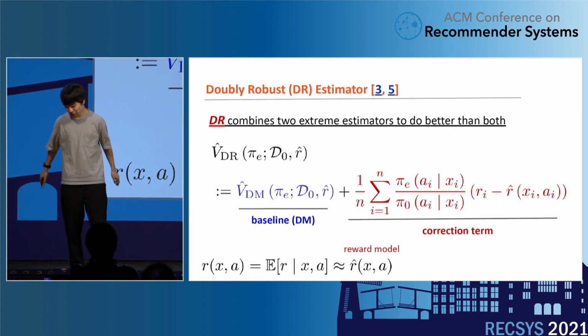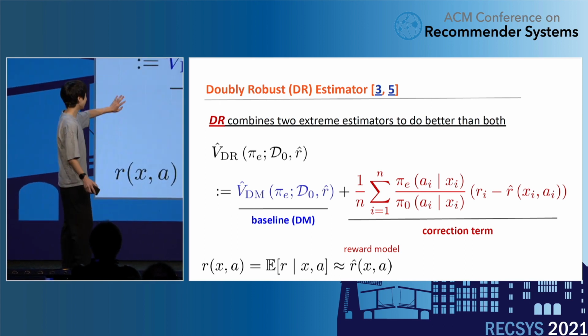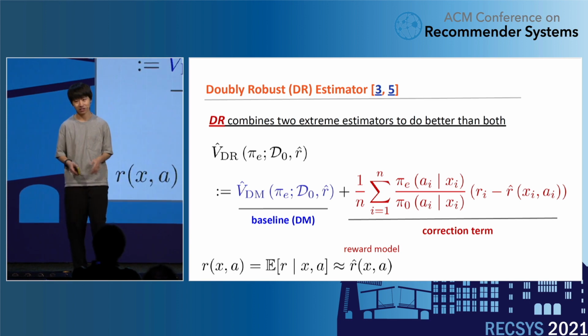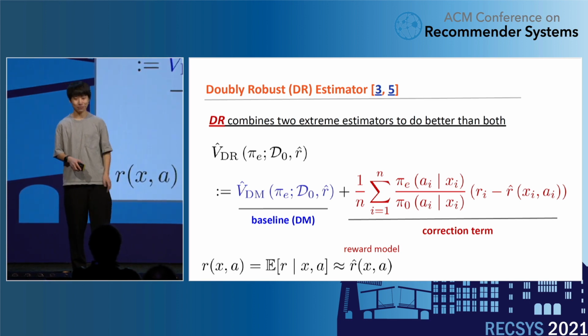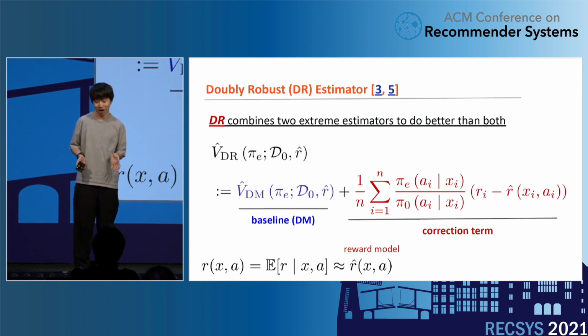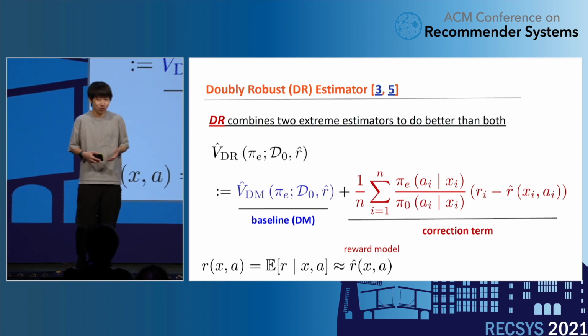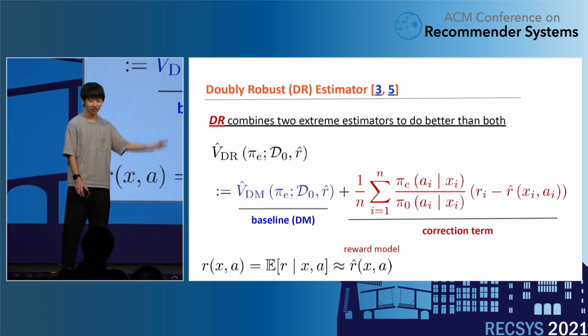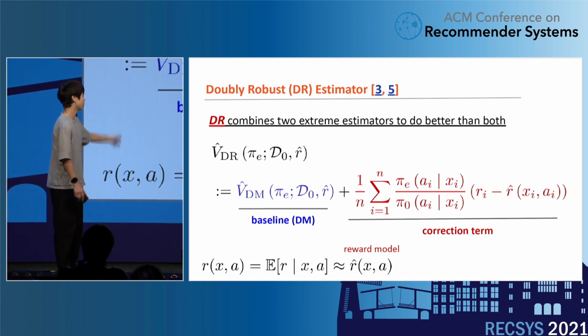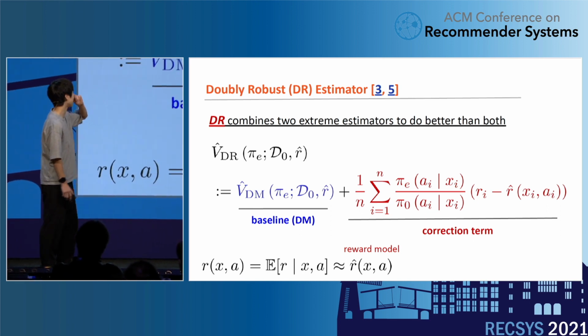The other reason is that it is not so difficult to understand and implement. Of course, the original IPS is just a weighted empirical average, which is very easy. Doubly robust is a little bit more difficult than IPS, but I think it's still reasonable to understand and implement in practice.